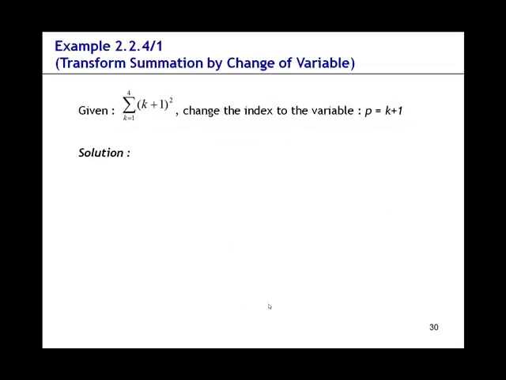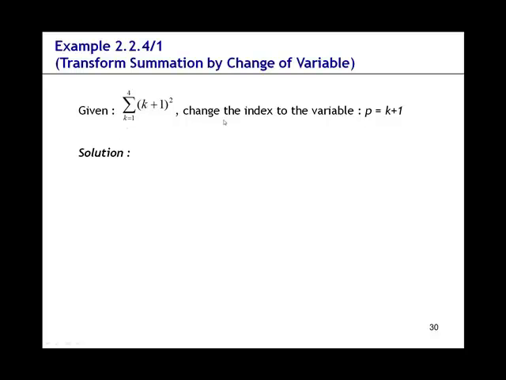The question will of course give you the sigma notation. We'll give you the summation, and then we will tell you to change the variable. So in this case, you notice that the index is expressed in terms of k, and the formula is in terms of k.